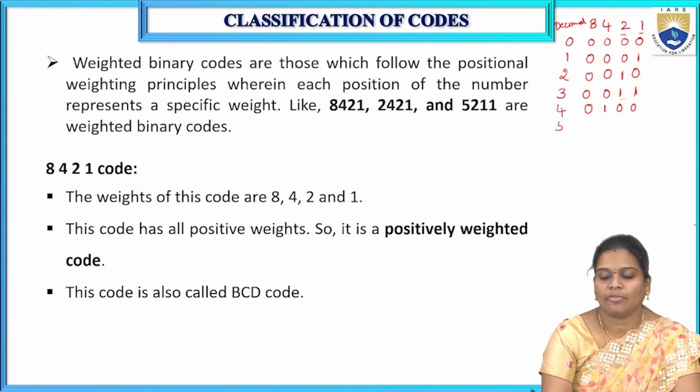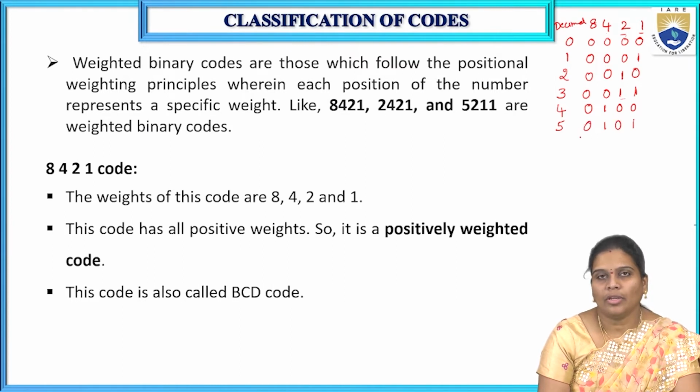Next one is 5: 4 plus 1, so 0, 1, 0, 1. Next one 6: 4 plus 2, 6.